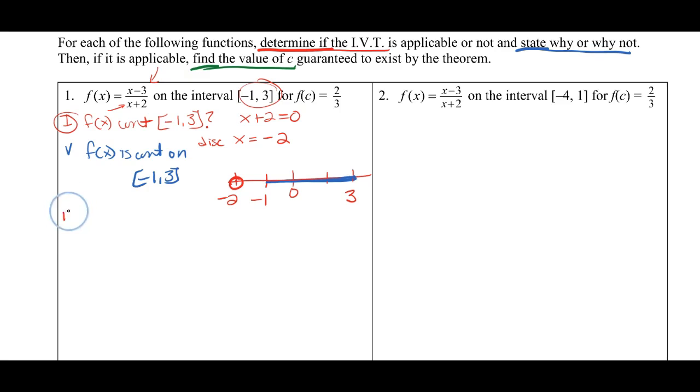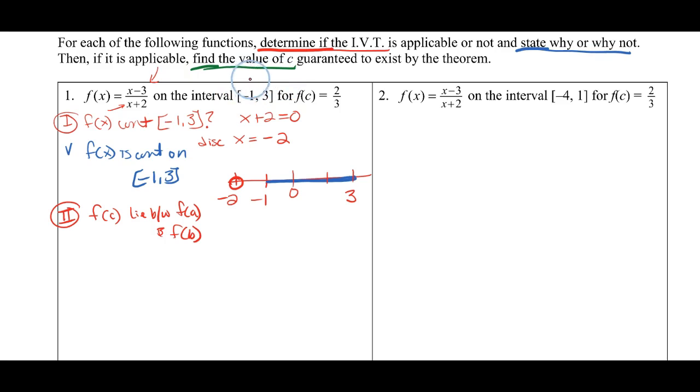Our second step is to determine, does f of c lie between f of a and f of b? Now this was kind of easy graphically. We could just look at it. Analytically, we need to find out what is f of a and f of b.